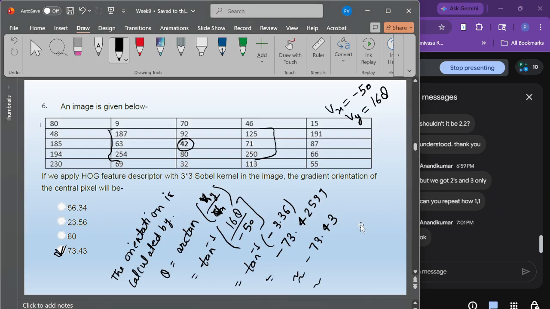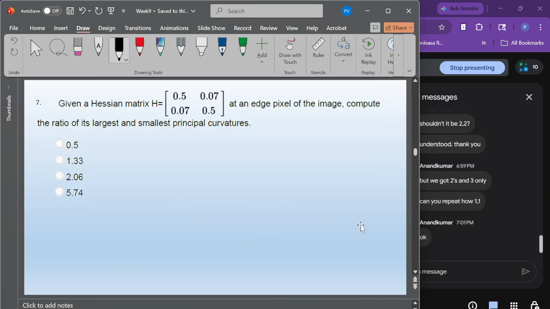Okay, so now moving to our next question. Given a Hessian matrix H, that is the matrix given: 0.5, 0.07, 0.07, 0.5. So at a pixel of the image, compute the ratio of its largest and smallest principal curvature. So how we can calculate this one?